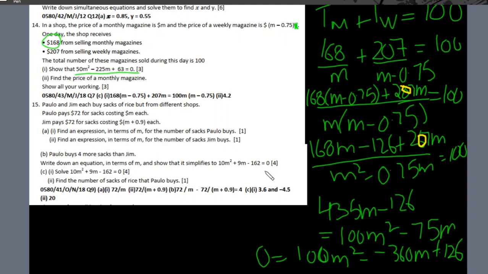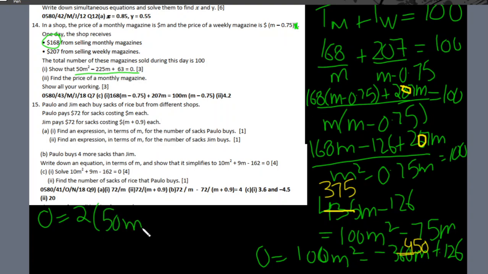so 168 M plus 207 M becomes 375 M. So this is 375 M, and now this becomes minus 75 minus 375, 450 M. Now we can take 2 common from all of these and then divide by 100 to eliminate it.